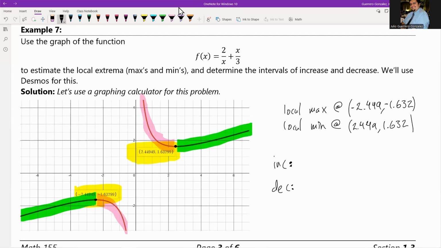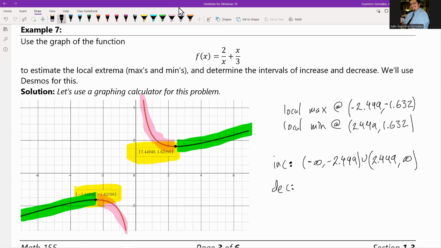So increasing from negative infinity to negative 2.449 union 2.449 comma infinity. Remember, we are only looking at the x values.